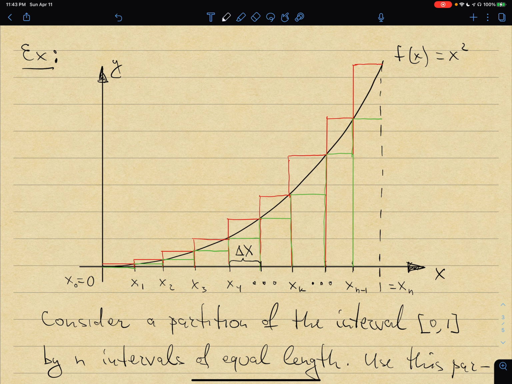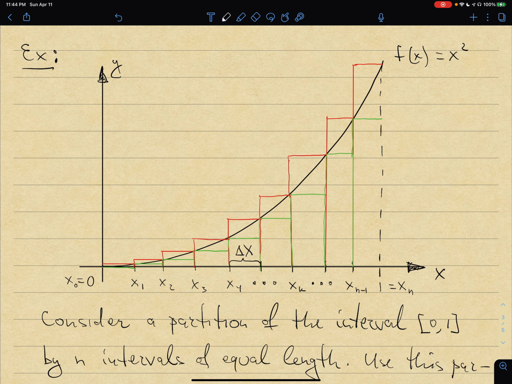In fact, the largest possible overestimation by using a particular partition. And if I use a left endpoint, then on each interval that means that I'm using the smallest feasible approximation of the area on a given rectangle.